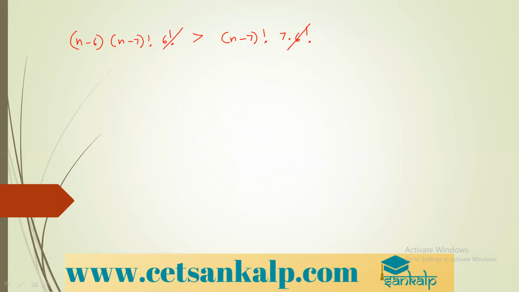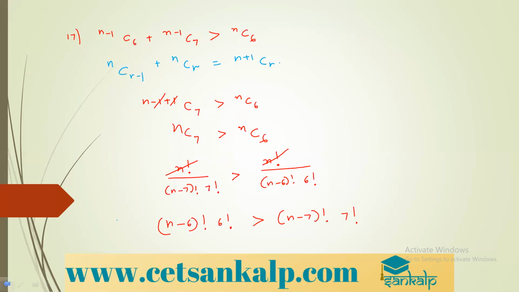So that I can cancel 6 factorial, I can cancel n minus 7 factorial. So I will get n minus 6 is greater than 7, or n is greater than 13. Until here, I can solve this inequality and I can leave it.